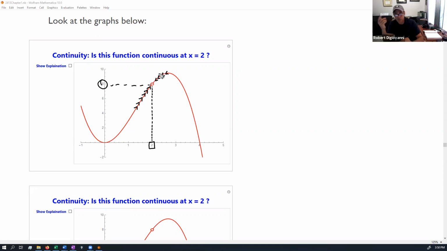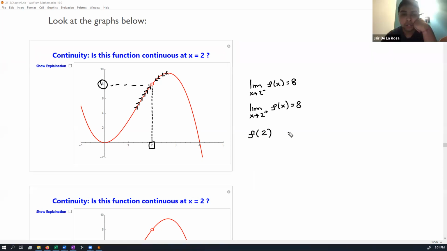Okay, so what we have here is that the limit as x approaches 2 from the left of this function is 8. We also have that the limit as x approaches 2 from the right is also 8. But Jair, what about the function's value at 2? Can you tell me what's happening at 2? It's undefined.